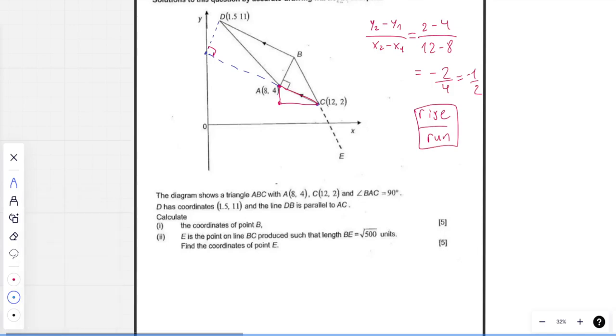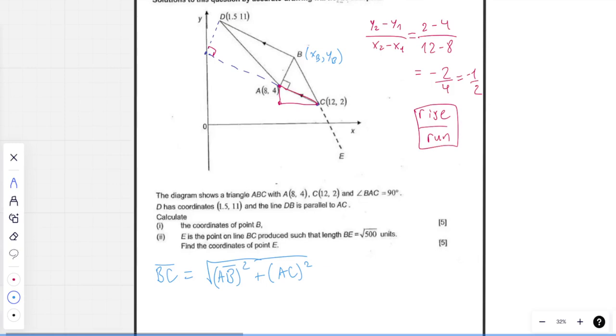So the length, or let's say B has coordinates of xb comma yb. One thing I know, for example, is that the length of BC is equal to the square root of AB squared plus AC squared.